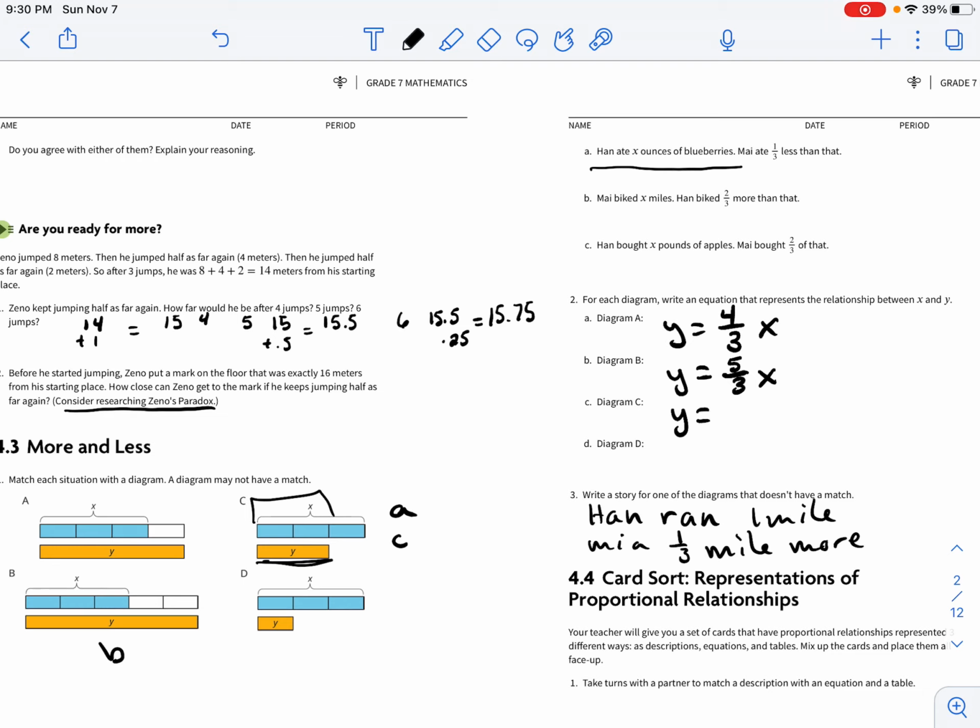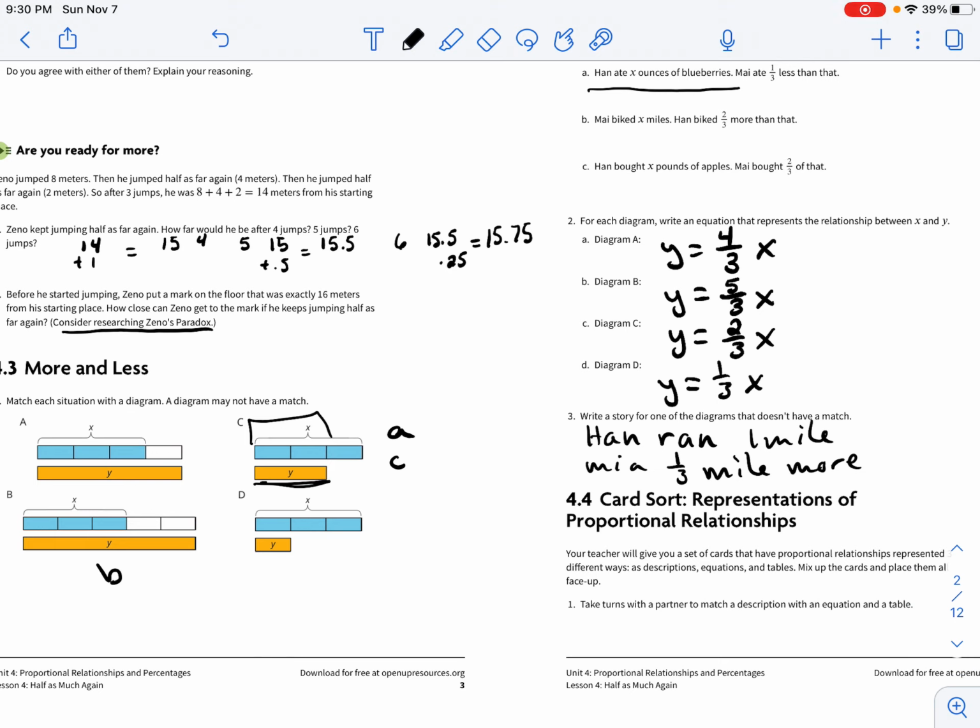Right, so the next one, y equals 2/3 of x. And the last one, y equals 1/3 x. So when y was bigger, then we're multiplying by a number greater than 1. When y was smaller, we're multiplying by a fraction that is less than 1.